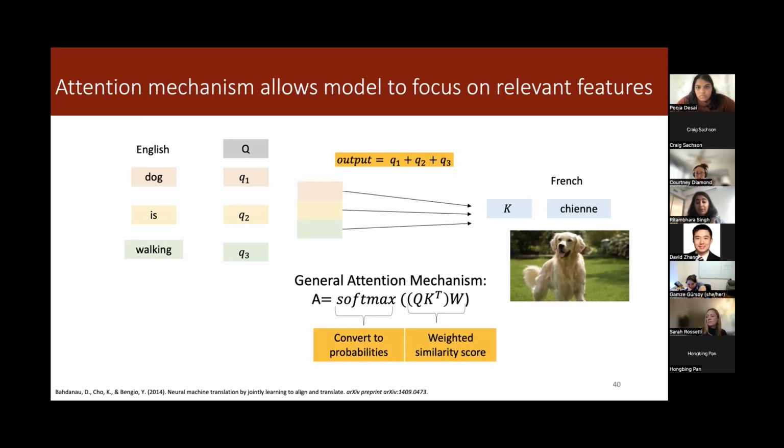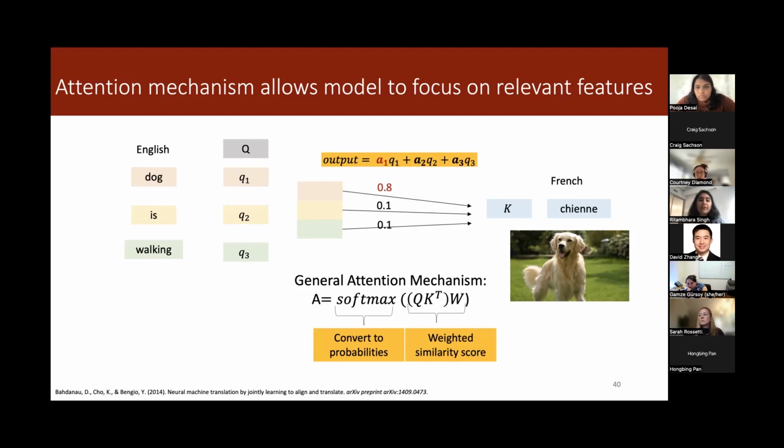So the beauty of this mechanism is that as the model starts seeing lots and lots of examples during training, it will learn these attention weights in such a way that it will give more emphasis to the words that are more relevant for making the predictions and less emphasis to the words that are less important.